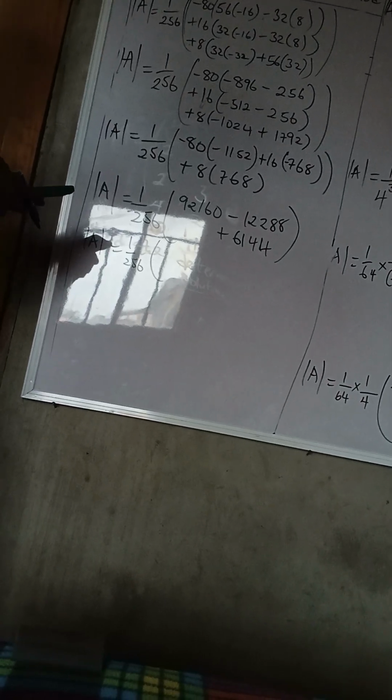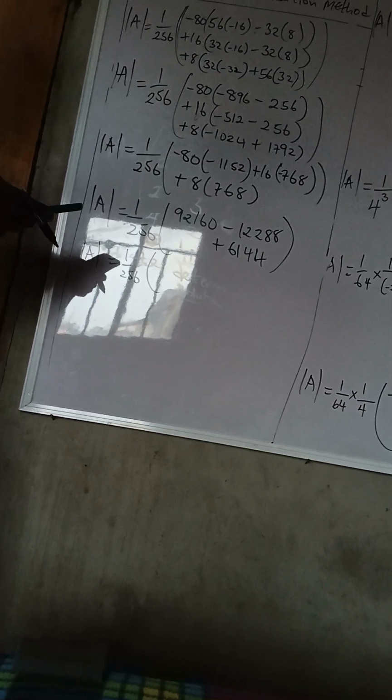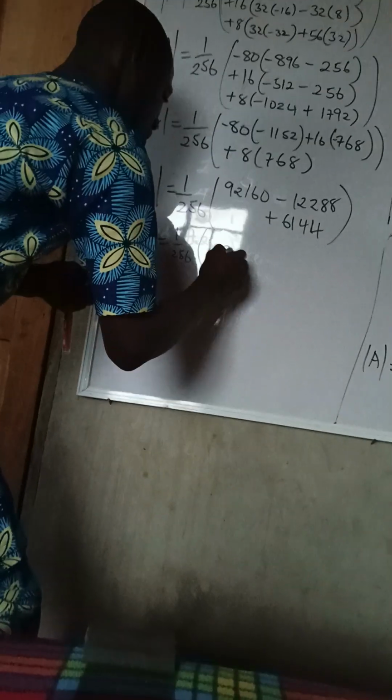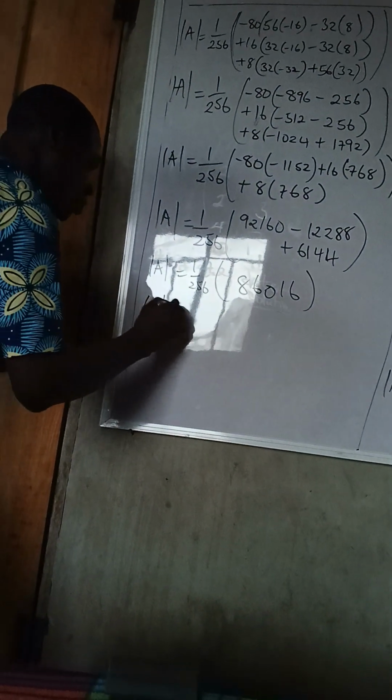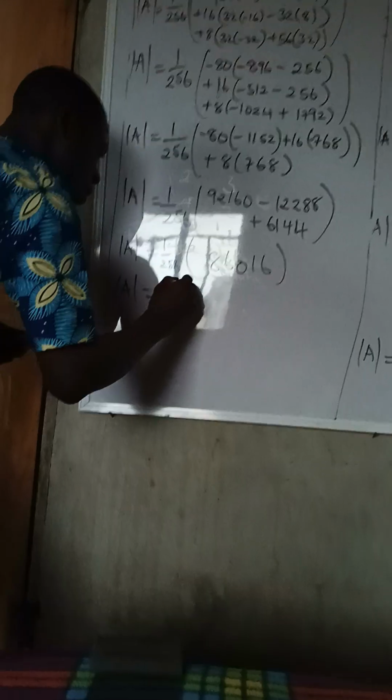So I think that's the only error we have there. 92,160 minus 12,288 plus 6144. We have 86,016.